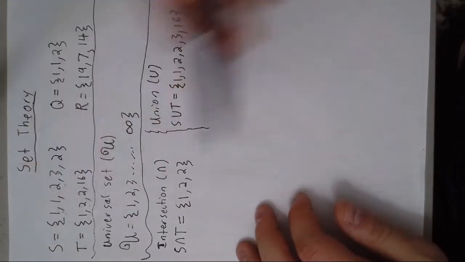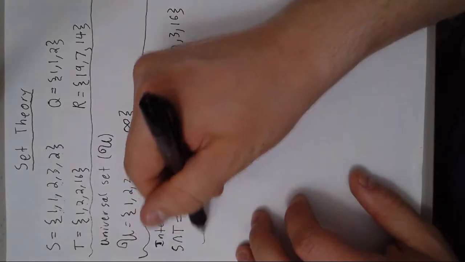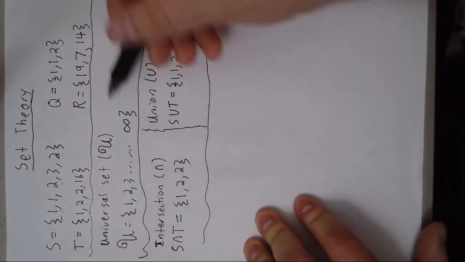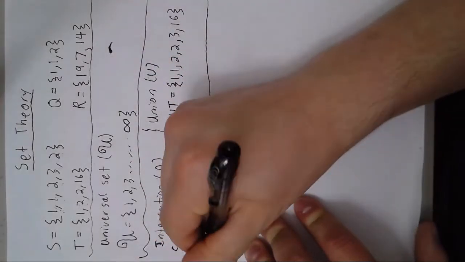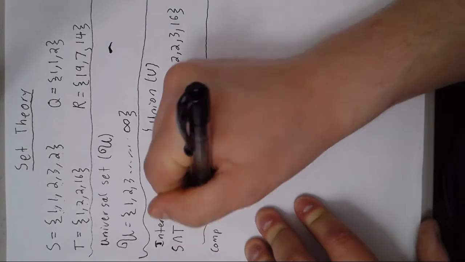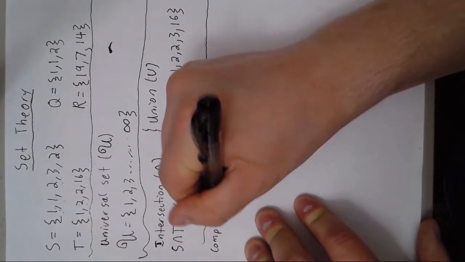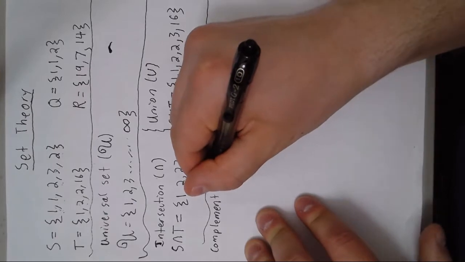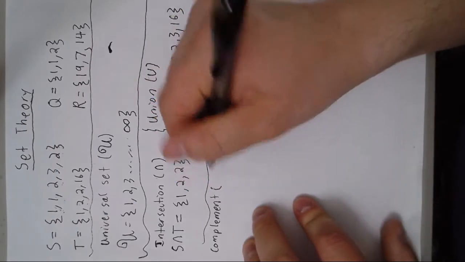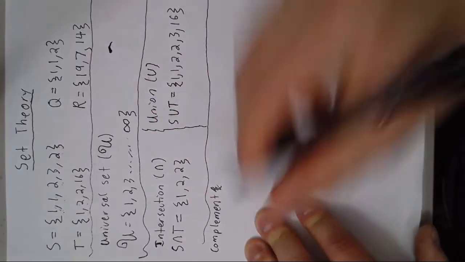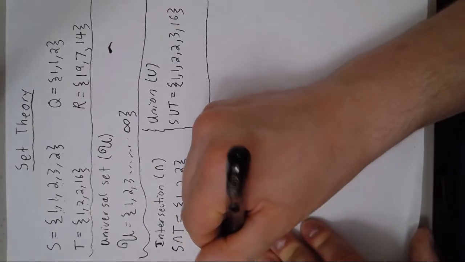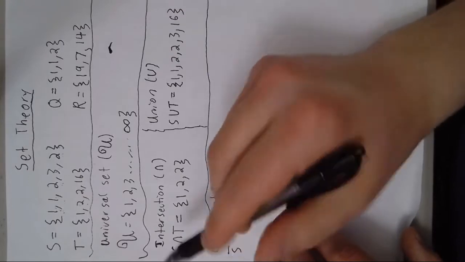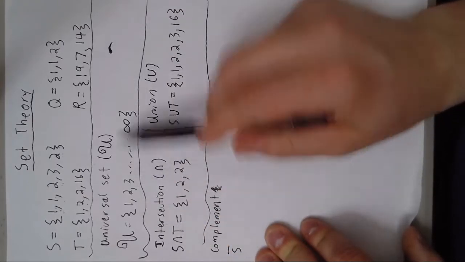Okay, so complement is another one. And all that is a line over the top of the name of the set. So let's say we had the complement of S. Remember, the universal set is everything from 1 to infinity.